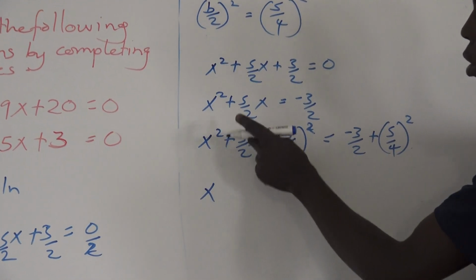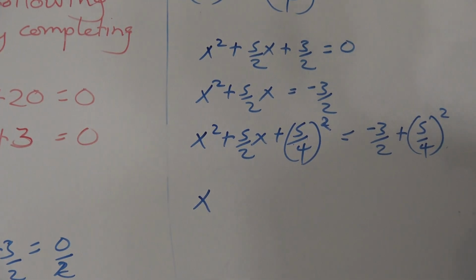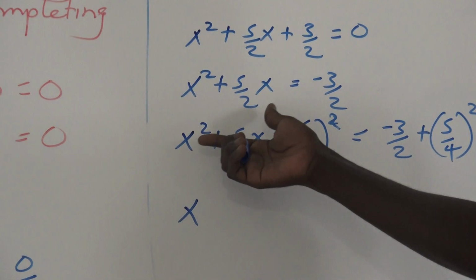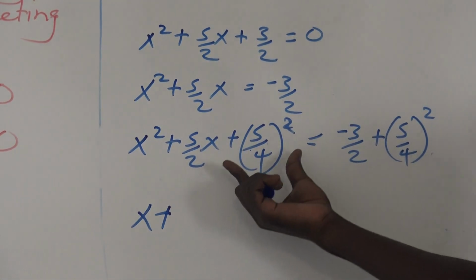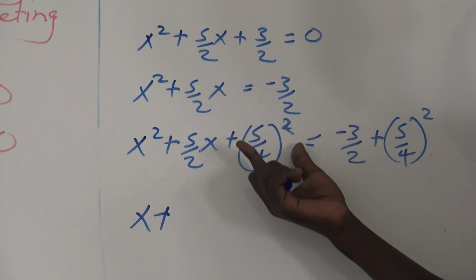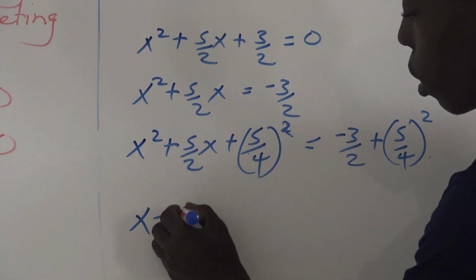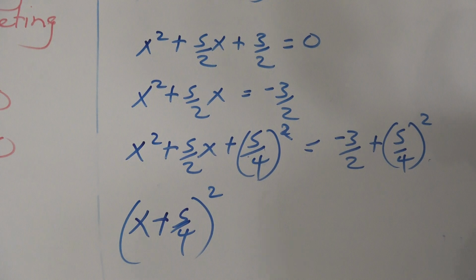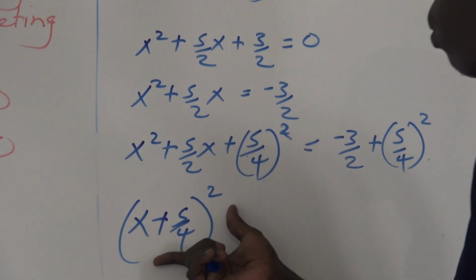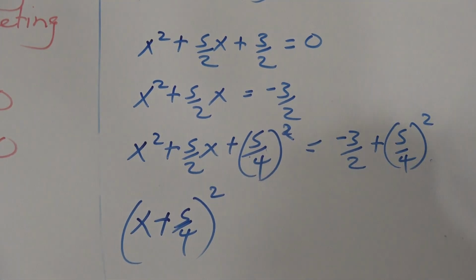Then you see here in the middle which side has the coefficient of the x, which is positive, say plus. So you check also the other side at the last point, which is 5 out of 4. You apply it here, then a square, apply it outside, so that when I square this one, I'll get something like this.